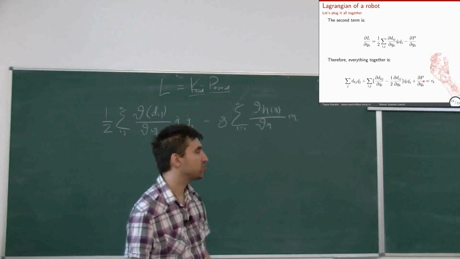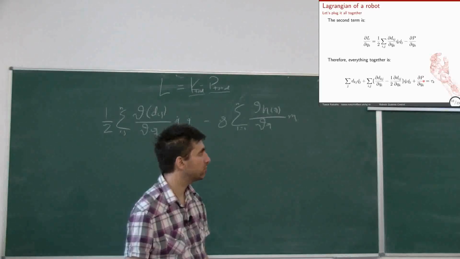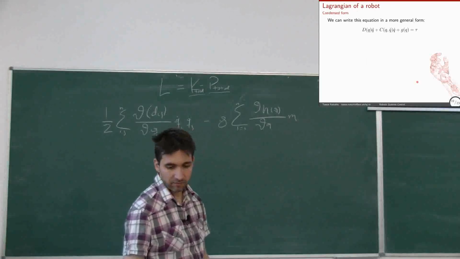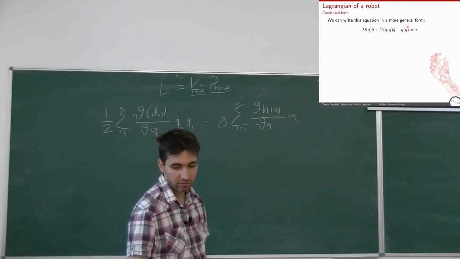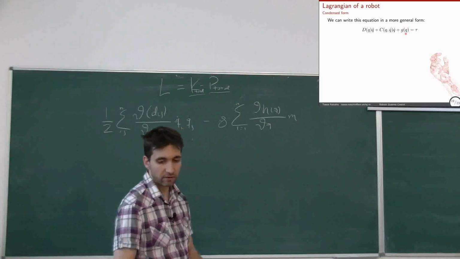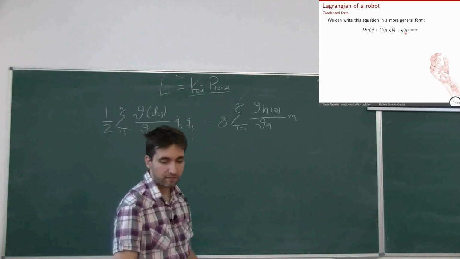Usually we will have some dependence on q. So I can write it like this. I have a term that depends on the acceleration of the joints, a term that depends on the velocities of the joints, and a term that just depends on the position of the joints. Okay?